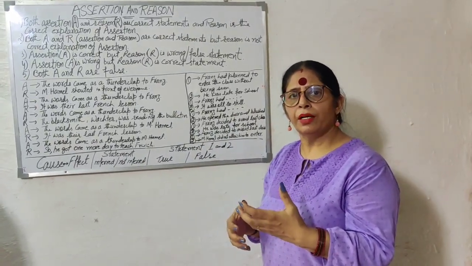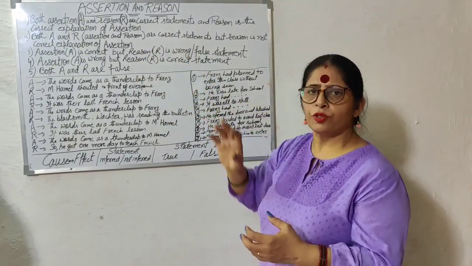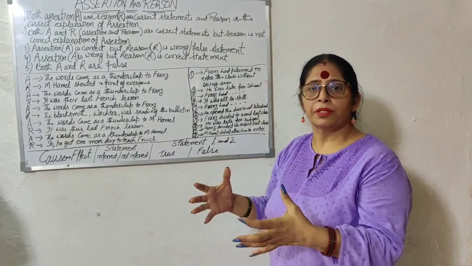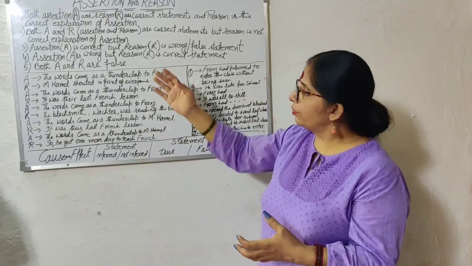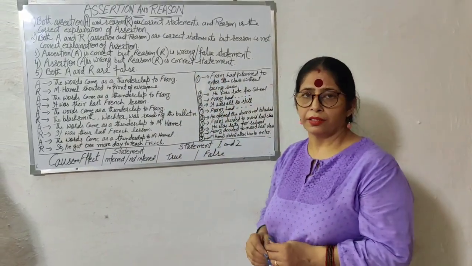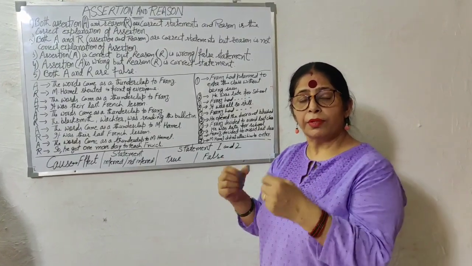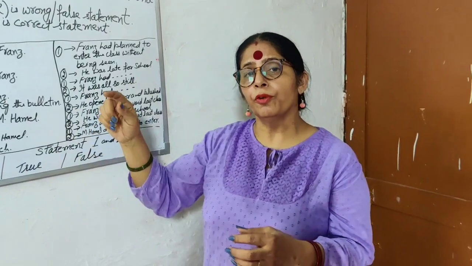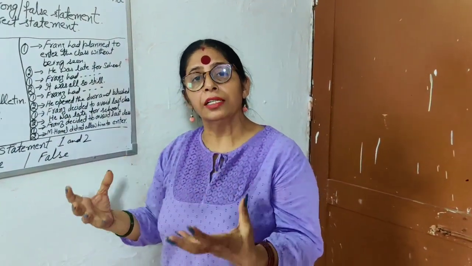This way you may be asked. So whatever way, the only thing is that you have to read the chapter very minutely, then only you will be able to answer all these questions of assertion and reason. I hope something is clear. Okay, and maybe more will be clear if you watch this video now after reading the chapter.